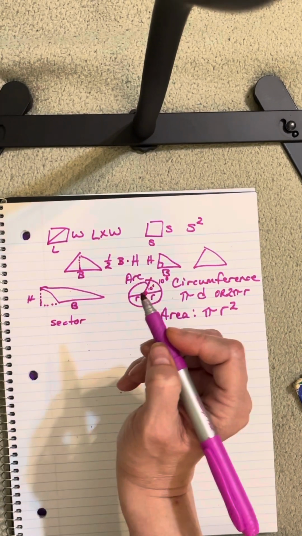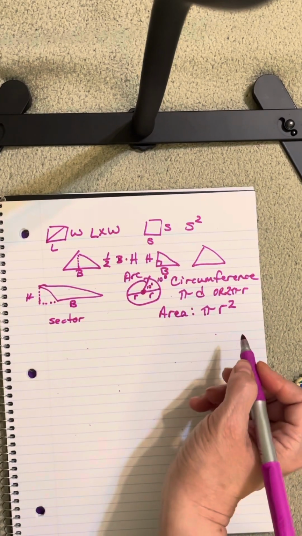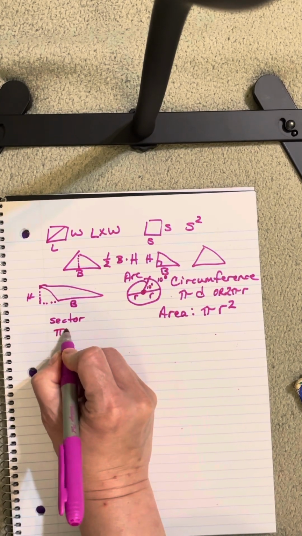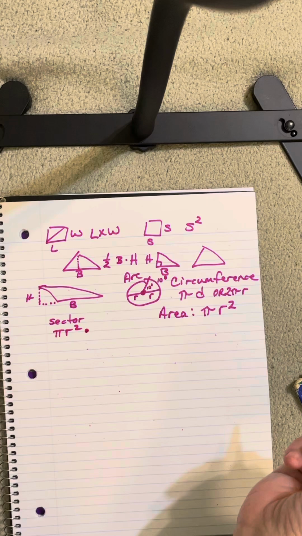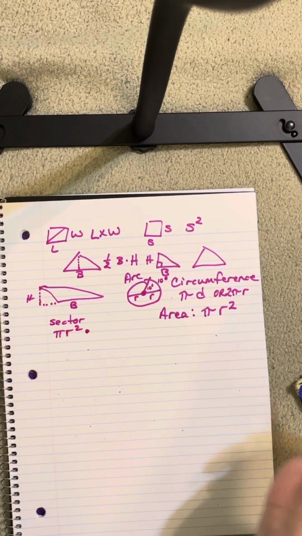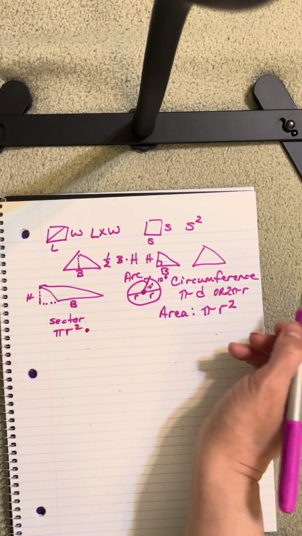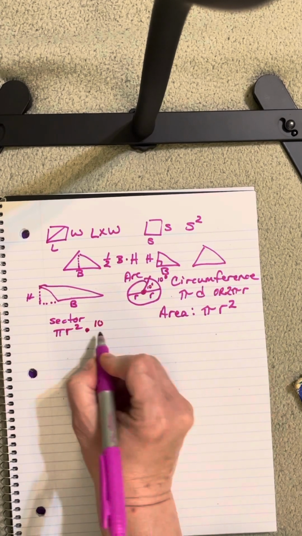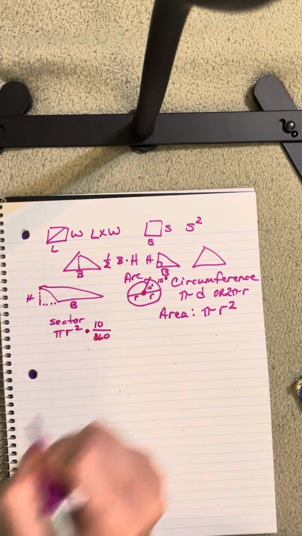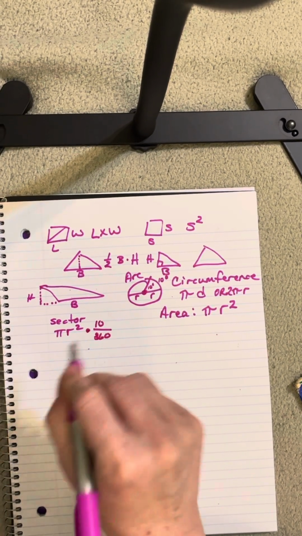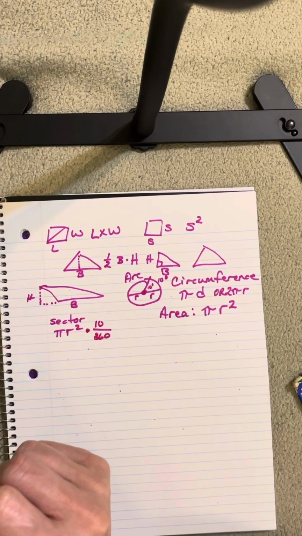So what we do is we find the area of the entire circle, which would be pi times radius squared, and we multiply that with only the part we wish to keep. How many degrees is the part we're trying to keep? 10 degrees out of how many is the entire circle? 360, and doing that, we'll find the area for the sector.